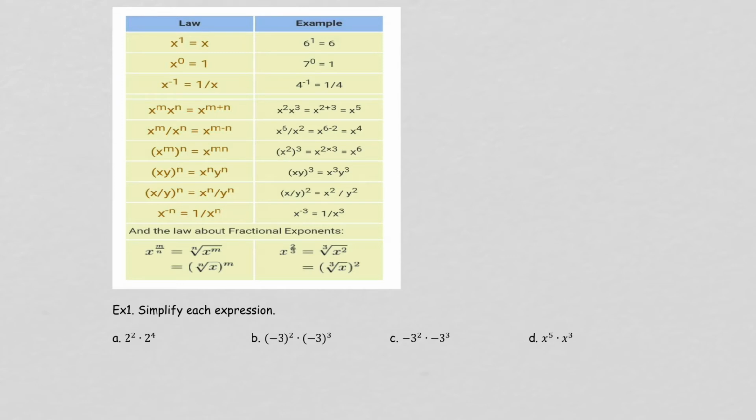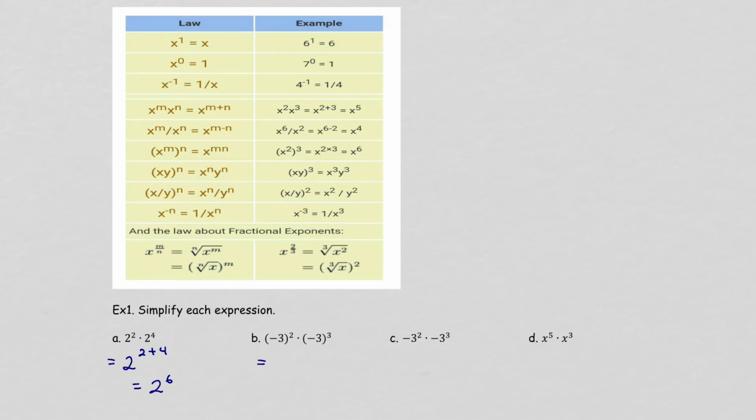So let's see if we can do some of the examples, right? We have 2 squared times 2 to the 4th. Same base, different exponent multiplication is the same as adding the exponents, right? So this is going to equal 2 to the 6th exponent.